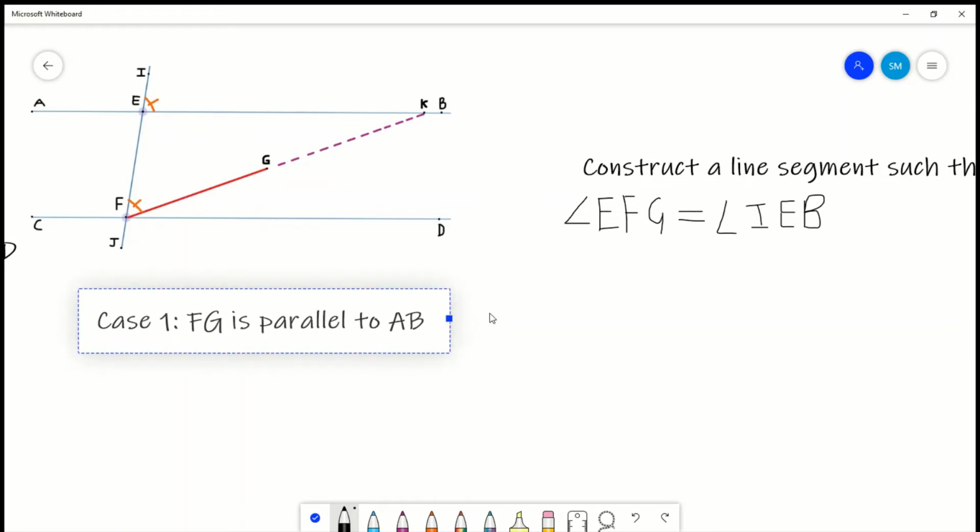So in this first case, I'll just write it down. FG coincides with CD.